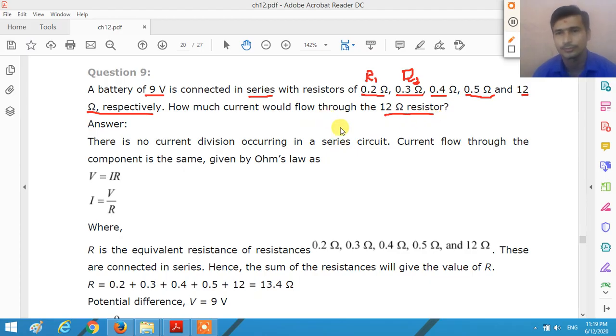So dear students, first draw the circuit diagram. Draw the 5 resistors connected in series.